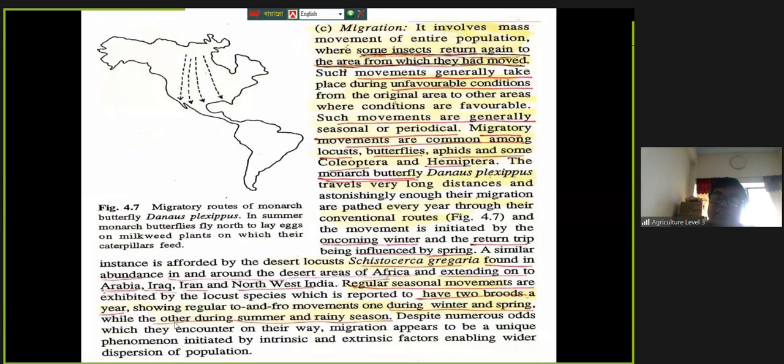This time also they produce another generation. So this way they produce two generations, and they become adapted in the ecosystem.